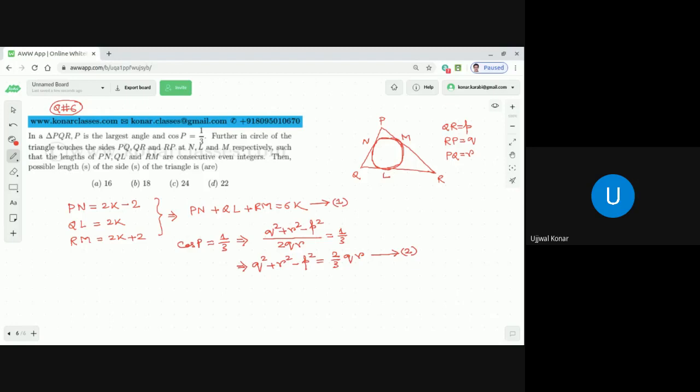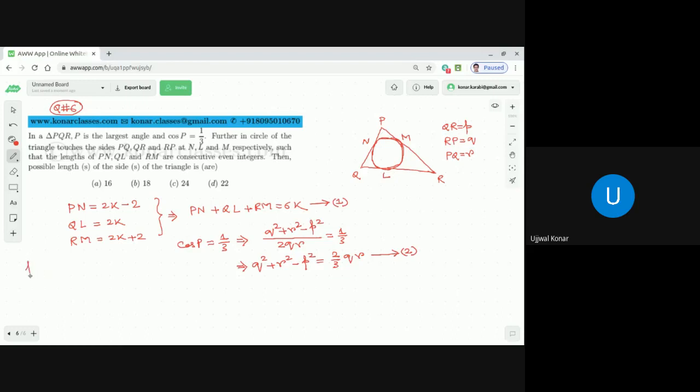Now let's find out the value of P plus Q plus R. We need to find the value of P plus Q plus R, and to find that, what is QR? P is nothing but QR.